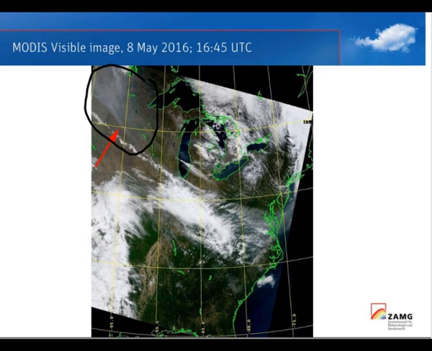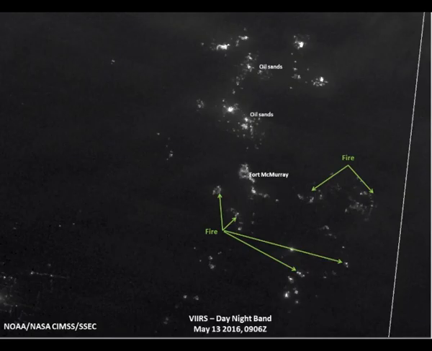It's a visible image. That means it's not only one channel, it's a true color image. It's an RGB image, red, green, and blue, giving this natural true color image. I hope you can see it, because this is a very short loop of 2 images.